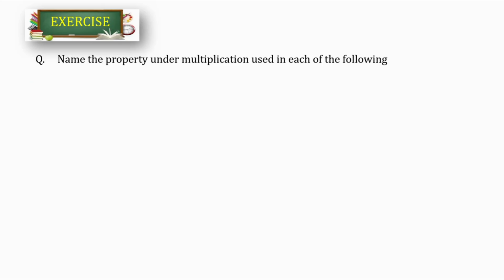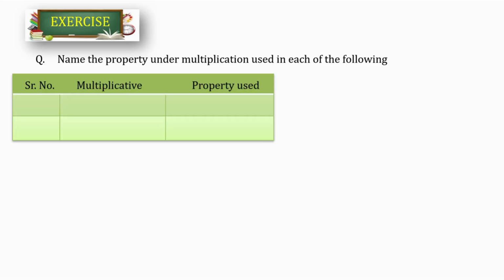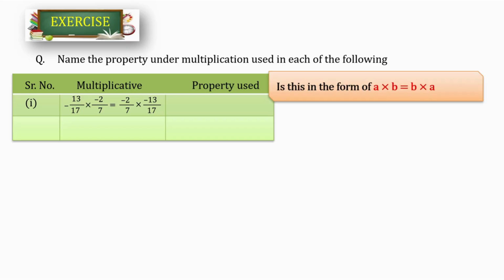Name the property under multiplication used in each of the following. So is this in the form of a into b equal to b into a? Let's check.